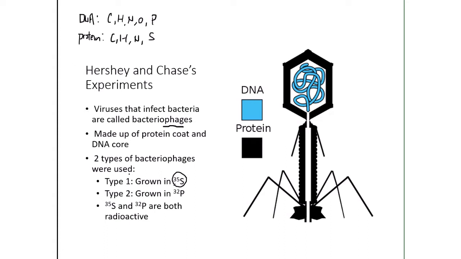The other type of phage was grown in radioactive phosphorus, phosphorus 32. Which means for the first type of phage, the proteins would be radioactive, and for the second type, the DNA would be radioactive.